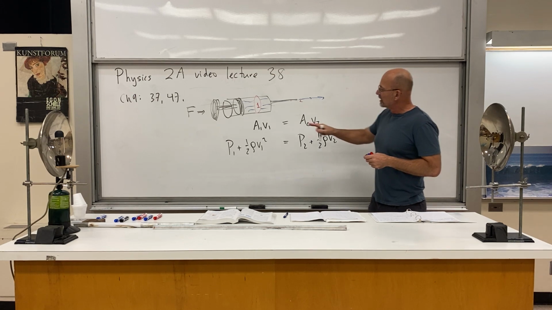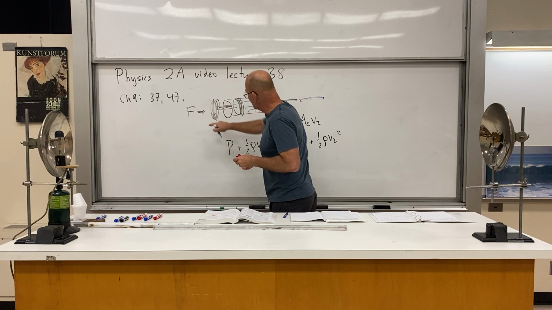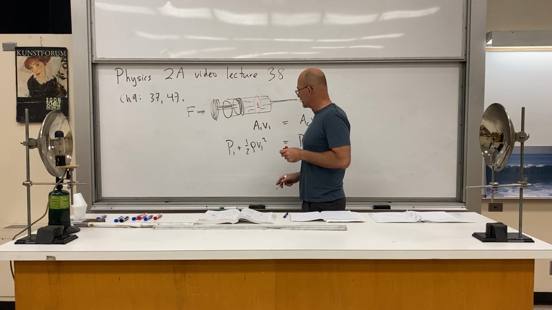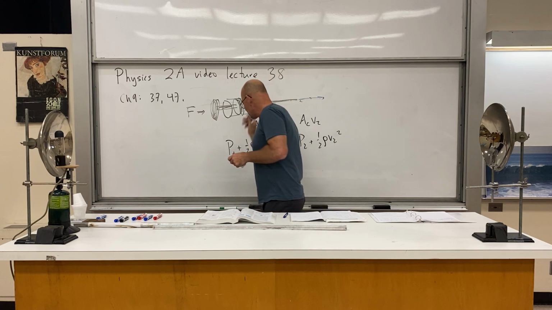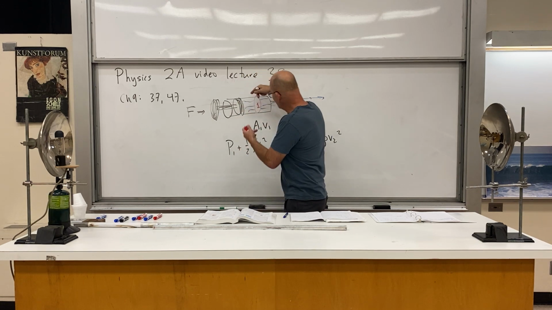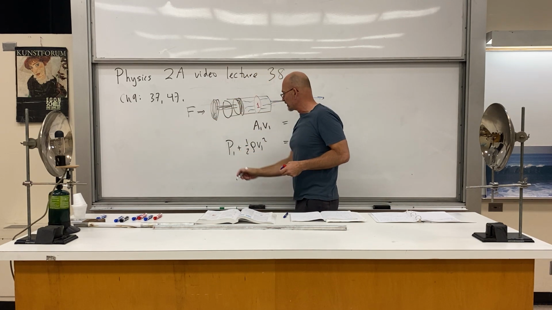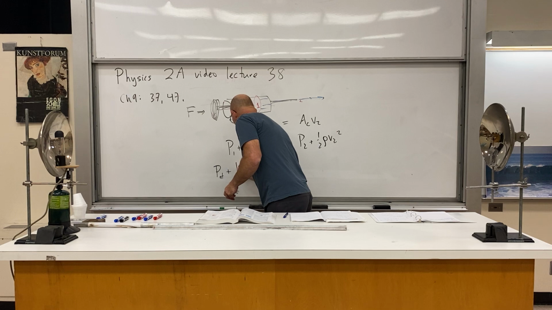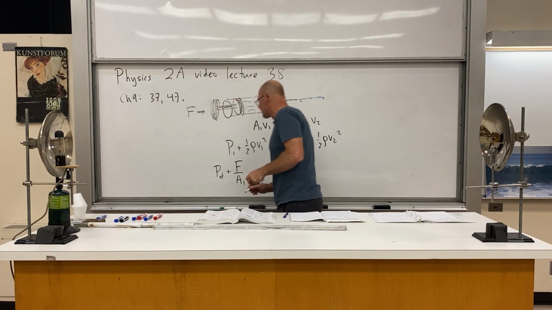Now, we have the force here, and we have an area, area sub 1. So pressure sub 1, which is going to be greater than the atmospheric pressure, is going to be atmospheric pressure plus the force that's being imposed there divided by area sub 1.